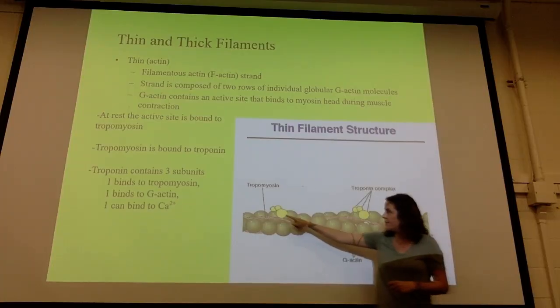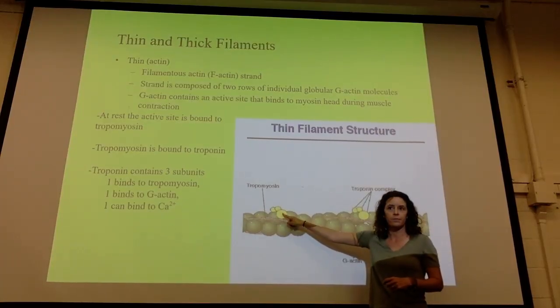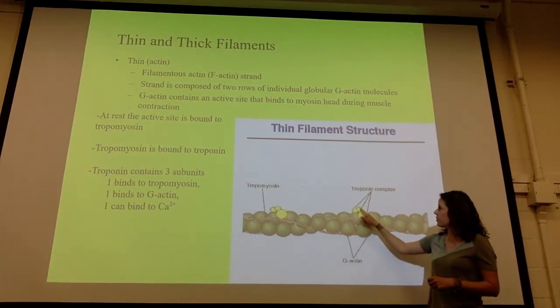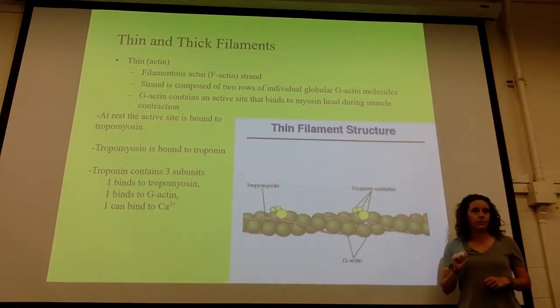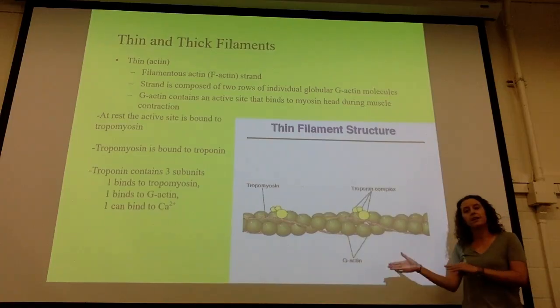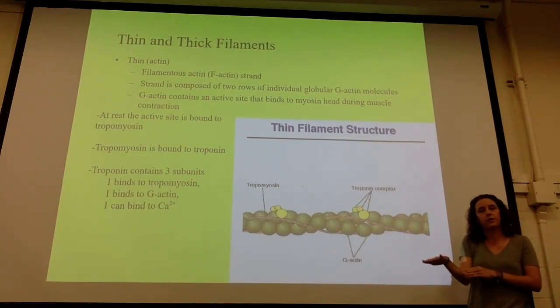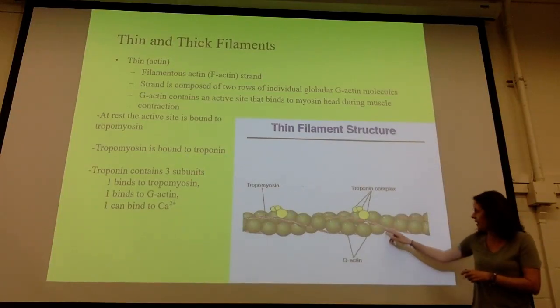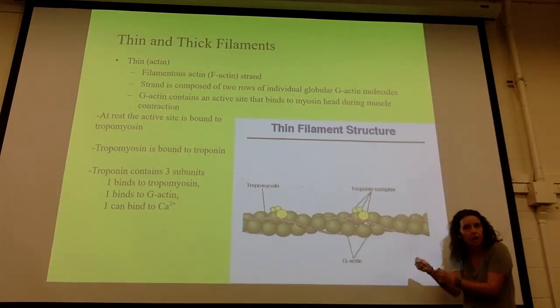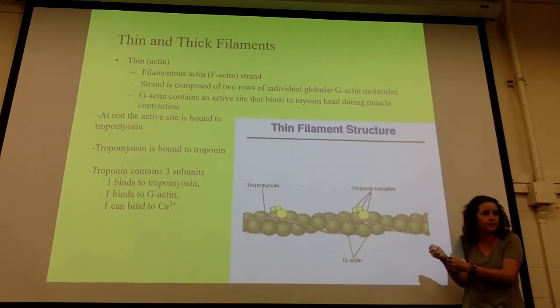Tropomyosin is held in place by troponin. Troponin is the little yellow balls. So tropomyosin covers that binding site when we are not using those particular muscles. And troponin kind of locks tropomyosin into place.